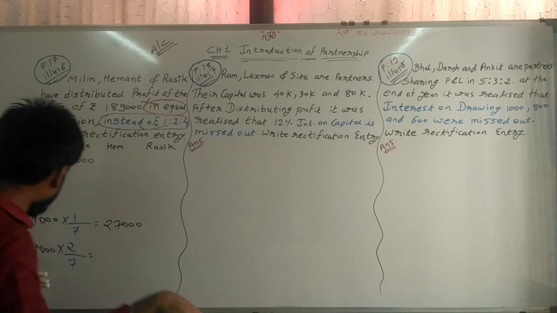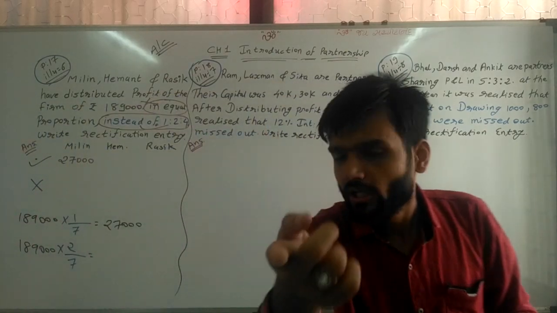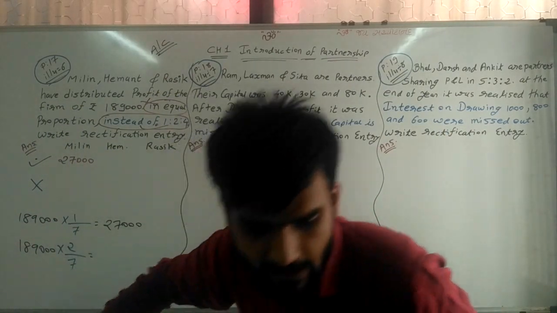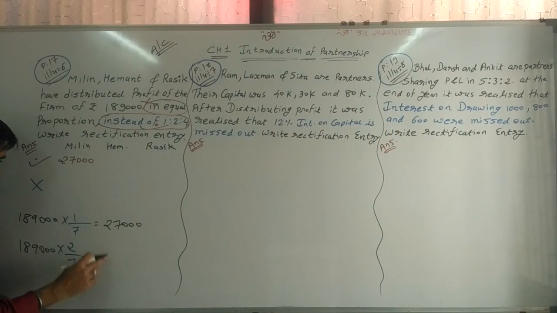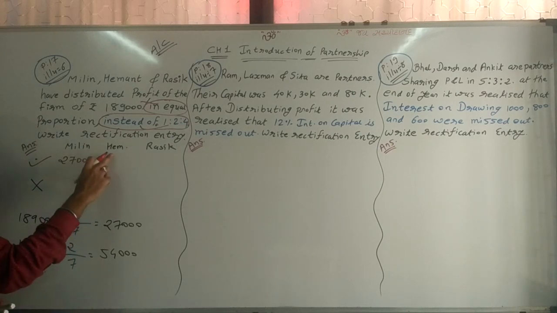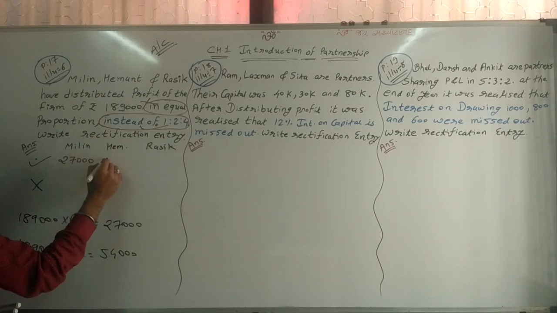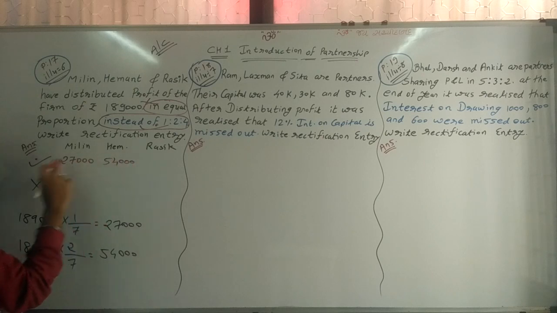Calculating, your answer will be 54,000, double of this, since here 1, here 2. So Hemant legally received 54,000. Correct entry.